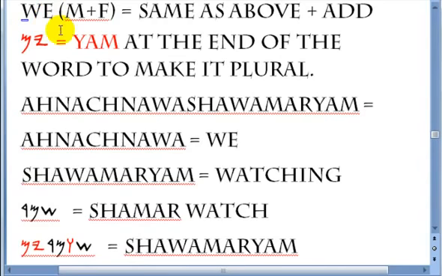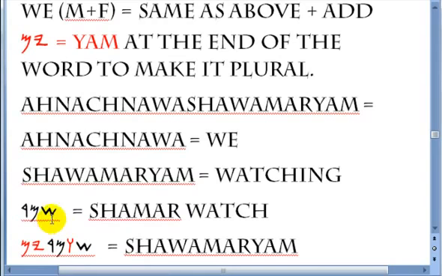So we, male plus female, which is also plural, is the same as above, meaning you add the wa between the first and the second Hebrew characters, and then you add a yum at the end of the word to make it plural. So we watching would be anach nawa shawamaryam. Anach nawa is we, shawamaryam is watching.